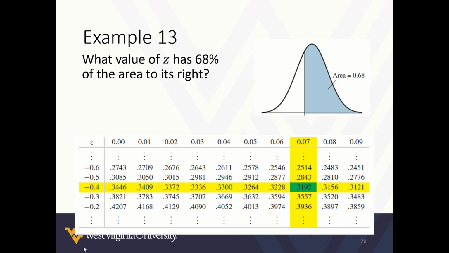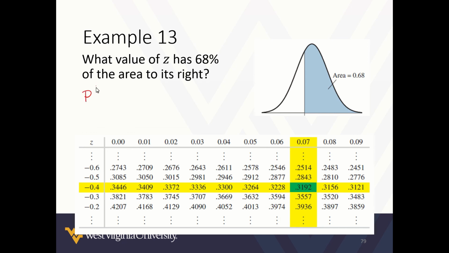And if we wanted to find the value of Z that has 68% of its area to the right, well, again, our rule tells us that the table gives the area to the left, not the right.